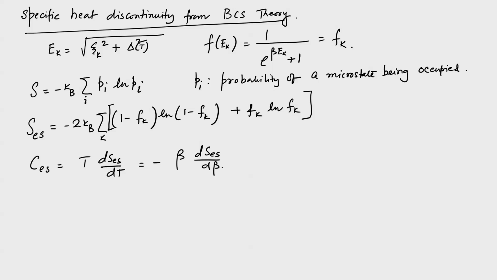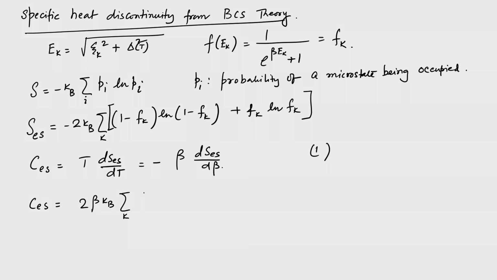Let me first write down the steps, and then that will be easier for you to get a feel. So, we will call this equation 1, and we will give a derivation for this. And then C_ES can be written as 2 beta from equation 1. These are all the same equations, we are just simplifying step by step, but since we have to give a derivation for each one of them, we are naming them as different equations.